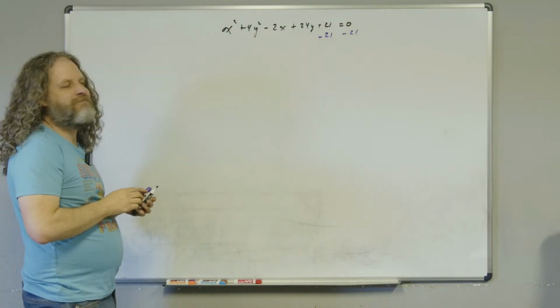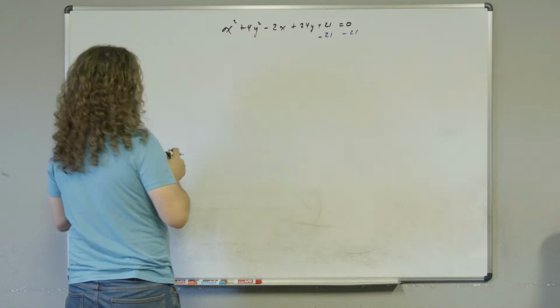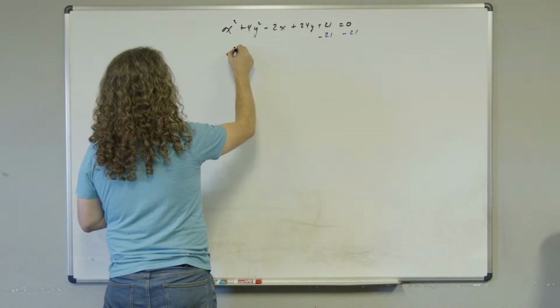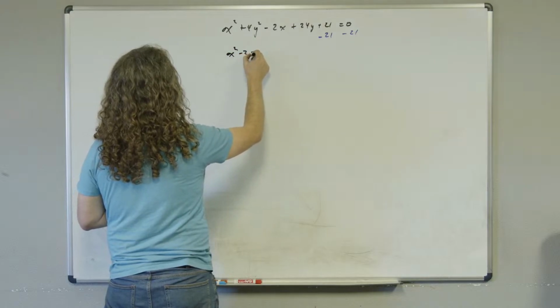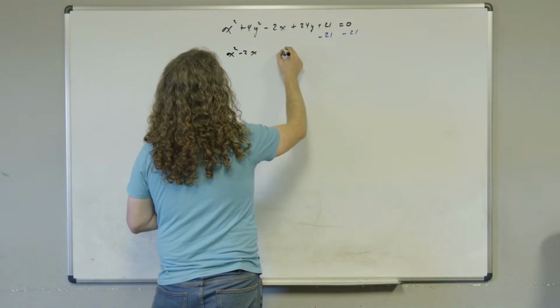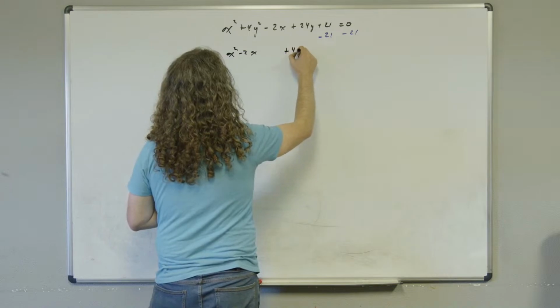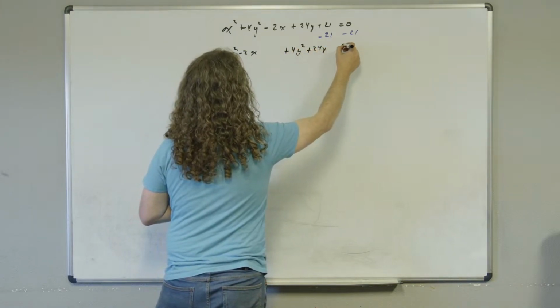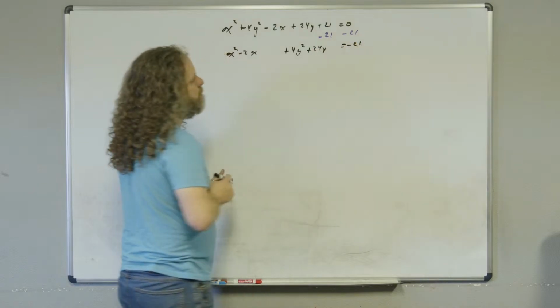We rewrite it now. Now, we're going to do some complete the square, right? So x squared minus 2x plus 4y squared plus 24y equals negative 21.